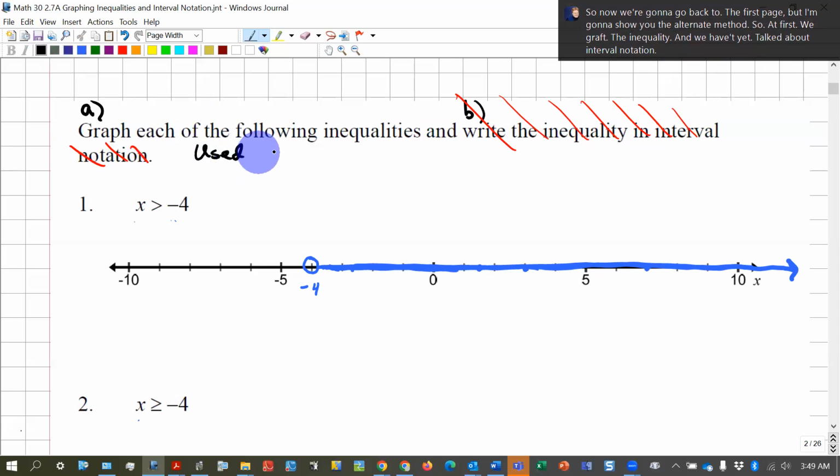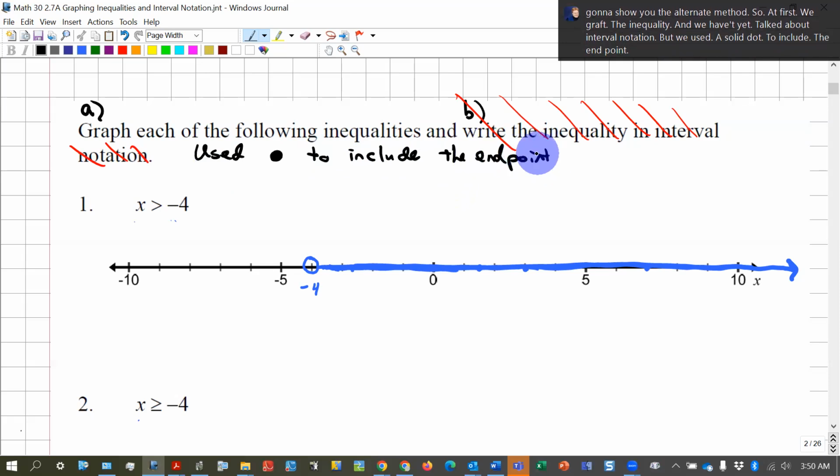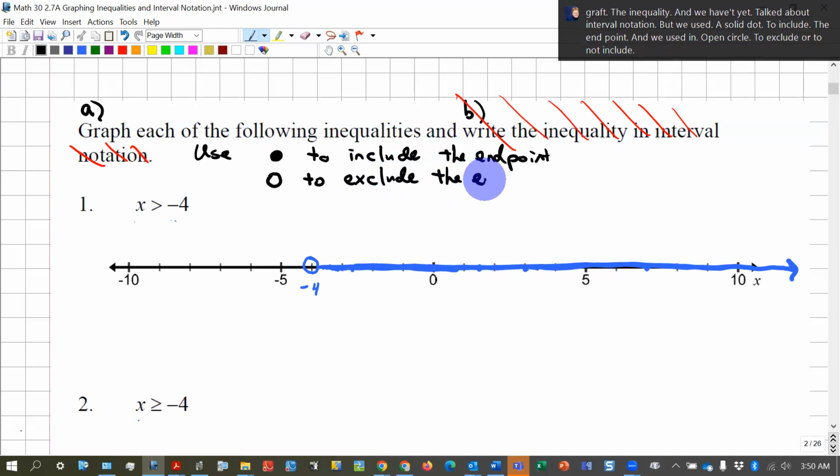But we used a solid dot to include the endpoint, and we used an open circle to exclude or to not include the endpoint.